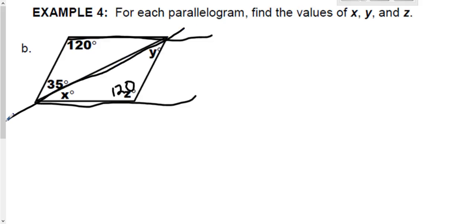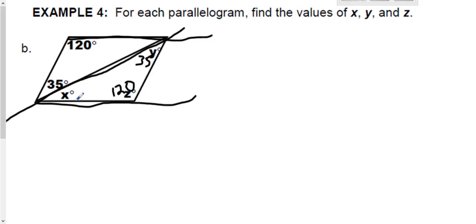We go back to that lesson. These are opposite interior angles, and they're congruent. So whenever you have the diagonal cutting that angle into two pieces, if you go on the opposite side, they're always going to be congruent because of alternate interior angles. So this one's 35.